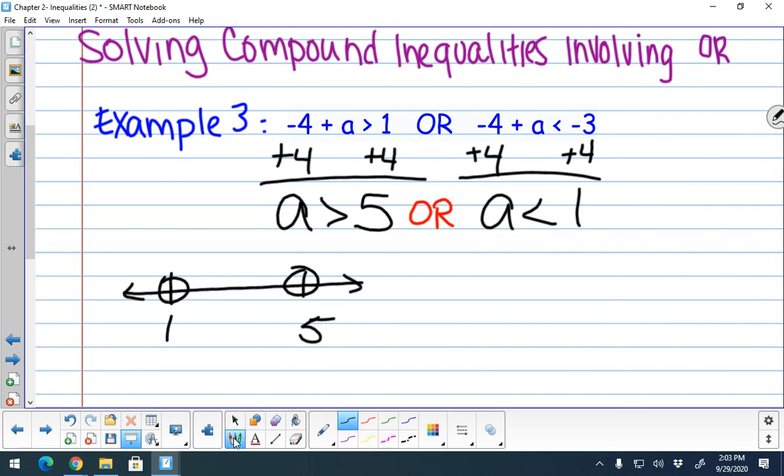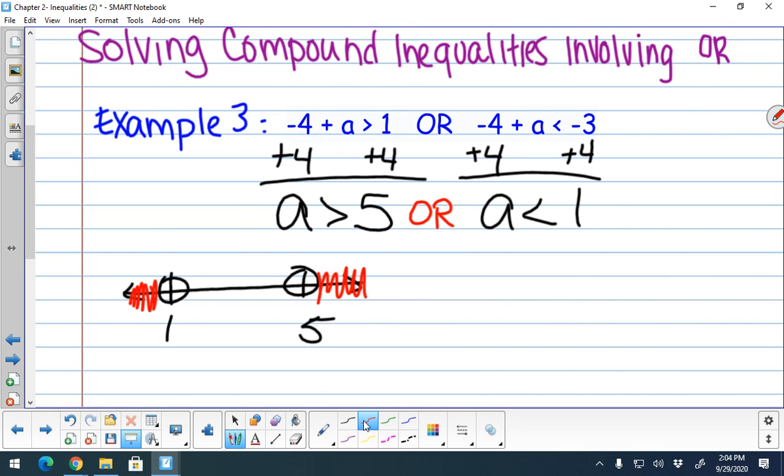For my 1, am I shading left or am I shading right? Okay, so again, it says a is less than 1, less than left. For the 5, left or right? Right, so a is greater than 5. There would be my draft answer.